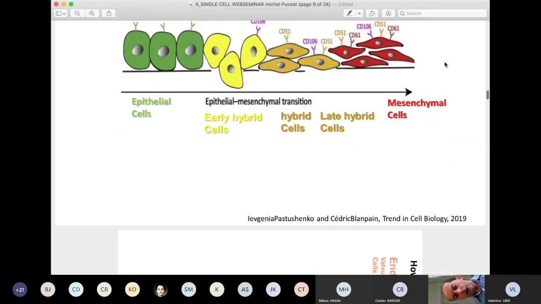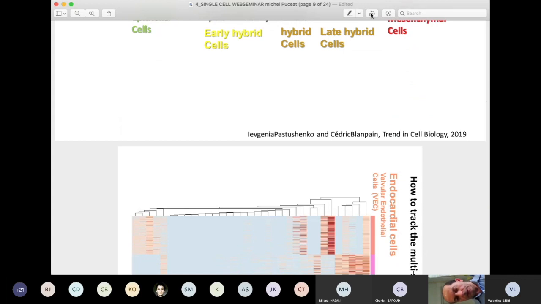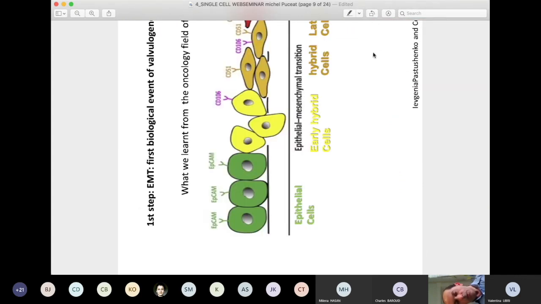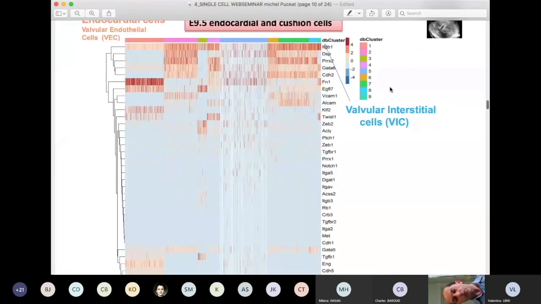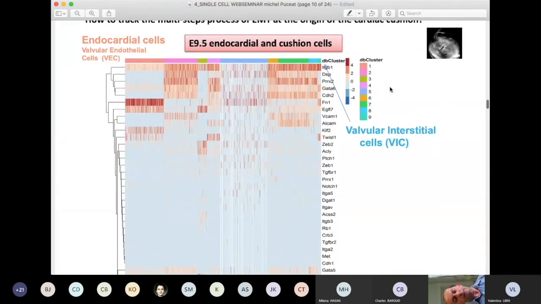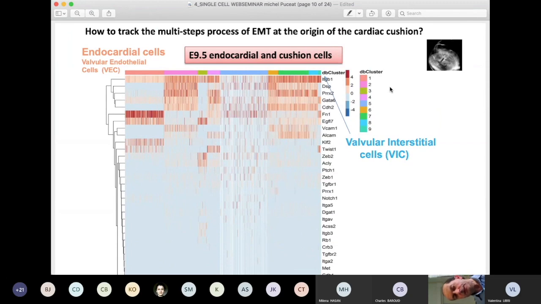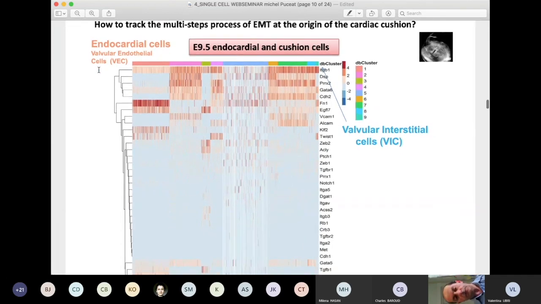Next slide. We wanted to see if we can find the same genes that people found in the oncology field, and if we could map this EMT process in our endocardial cells, the first stage of valvulogenesis.